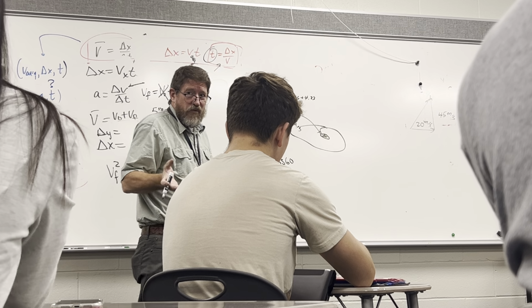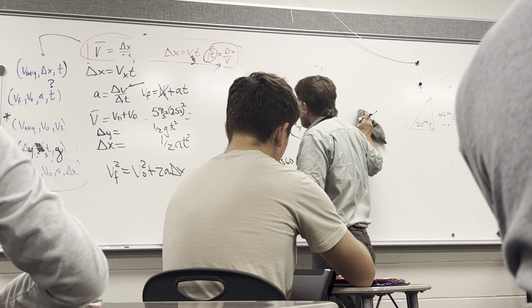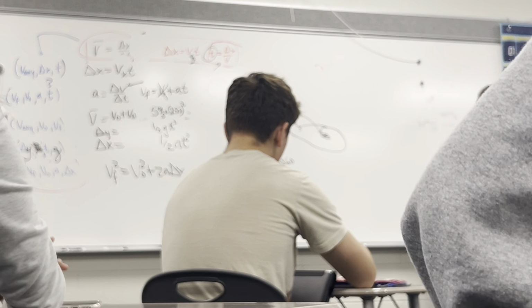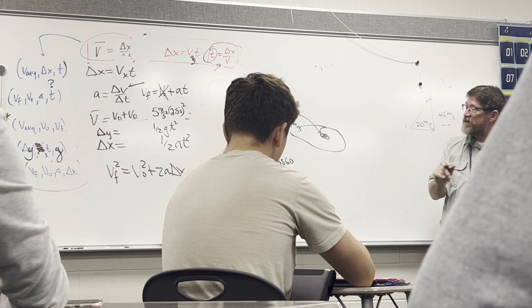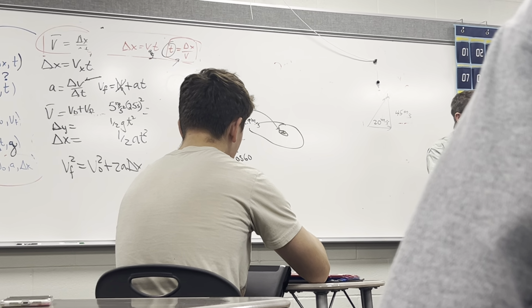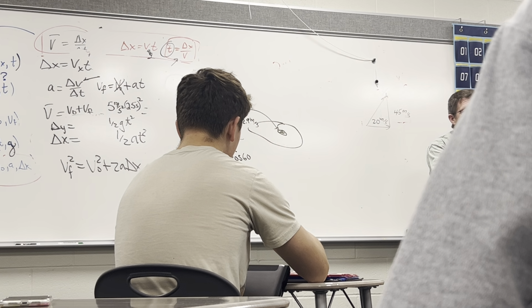Now, we can start to do some other things. How long does it stay in the air? It's going up at 12.9, and it's slowing down 10 meters per second every second. For how long does it rise?